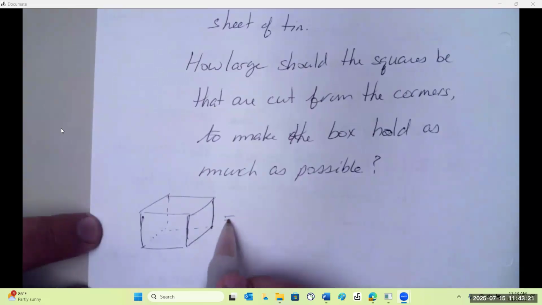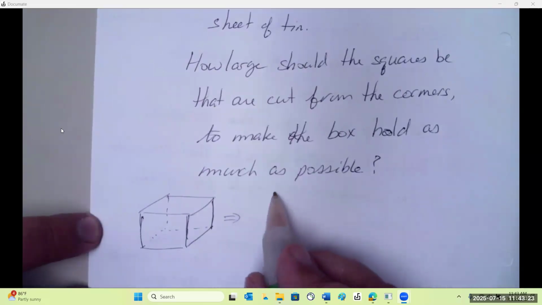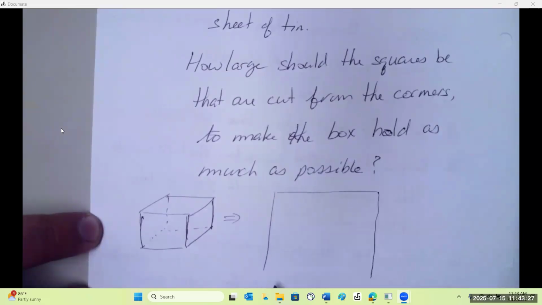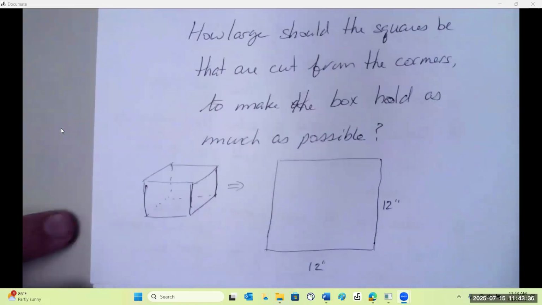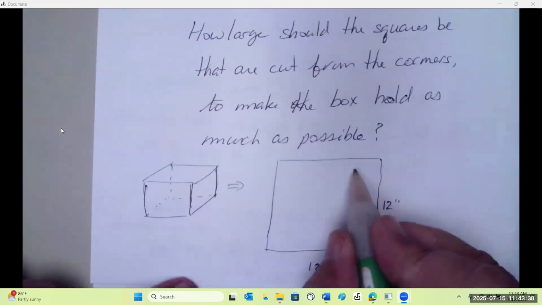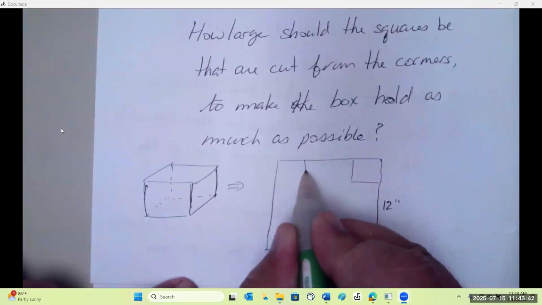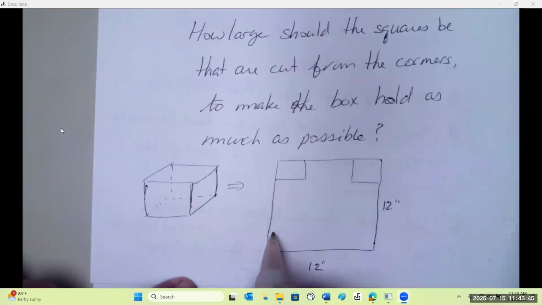So this box has to come from a square piece of tin that is 12 inches by 12 inches wide. And congruent squares are to be cut from each corner.